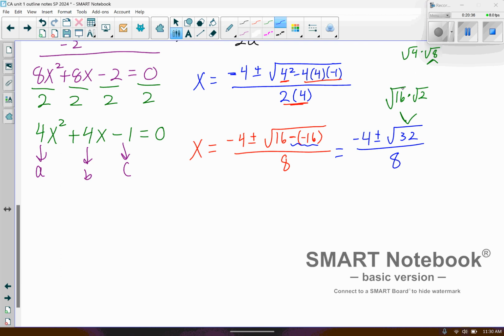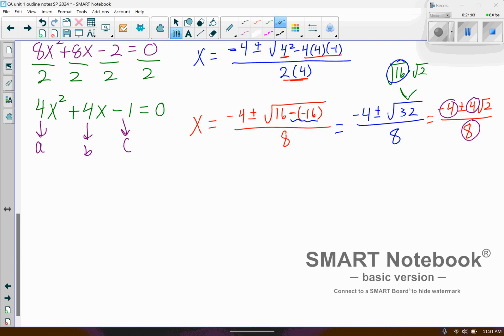So 16, square root of 16 times 2, we can go ahead and square root that 16. And so let's see, we're going to end up with negative 4 plus or minus 4 square roots of 2, all divided by 8. And then we look at those three values here. We say, okay, can they all be divisible by the same value? And yes, they're all divisible by 4.